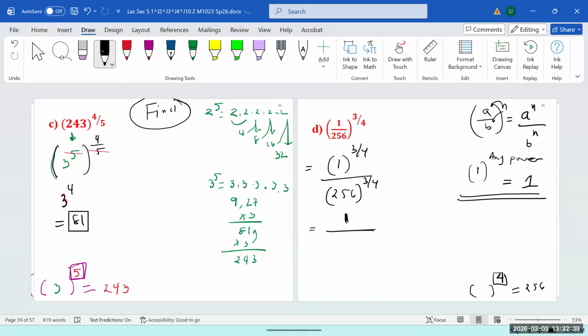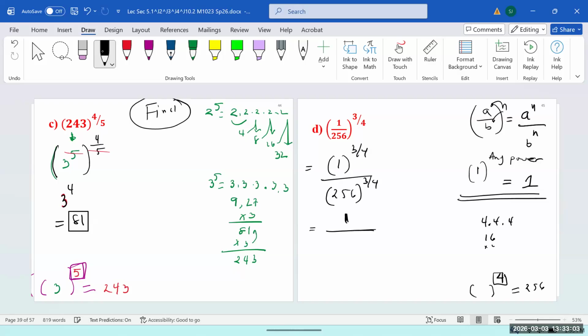And 256 is a big number, right? So you start with 2. What is 2 to the 4? 16. What is 3 to the 4, from the last page? 81. So what is the next number? 4 to the 4. 4 times 4 is 16.